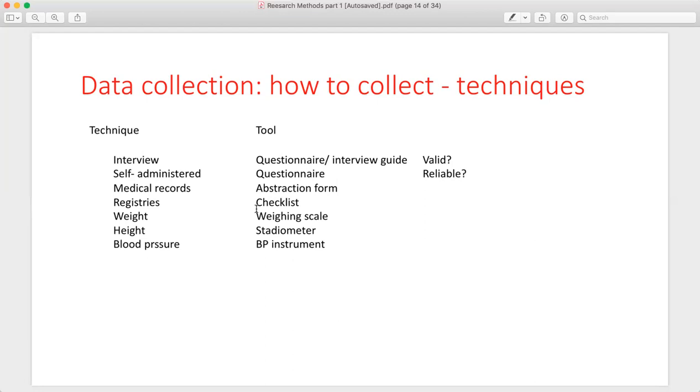You can also collect data from registries such as a cancer registry or MI registry using your checklist. You can measure your weight using a weighing scale, height using a stadiometer, blood pressure using a BP instrument. And when we are thinking about the tool, always think about the validity and reliability of that tool.